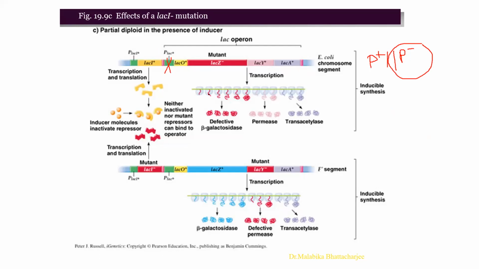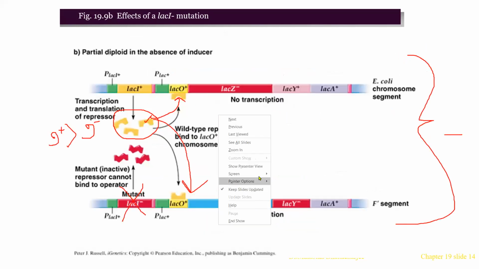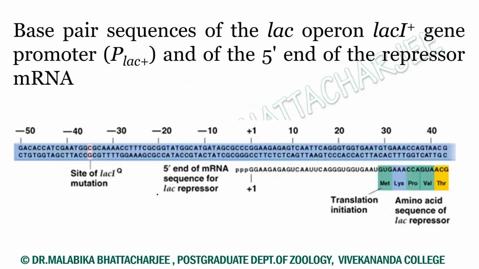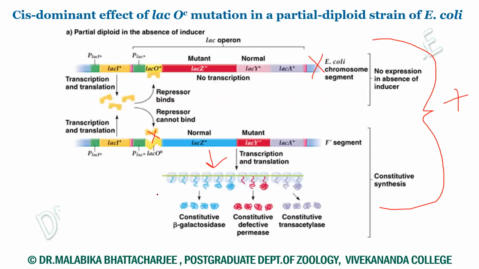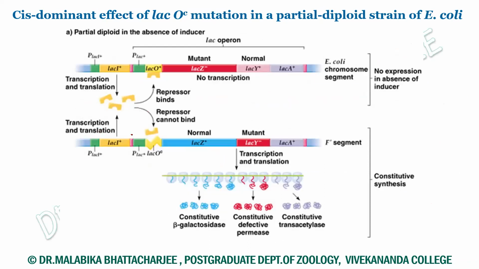So let us take this kind. It's very similar to the operator case. Suppose imagine this promoter is defective. This is the normal one, and here we have the defective one. What will happen?